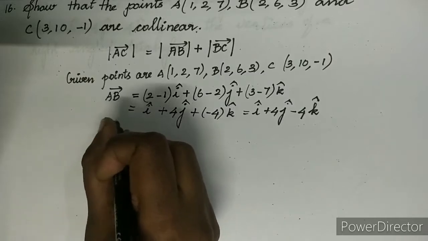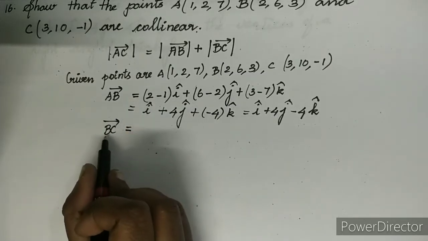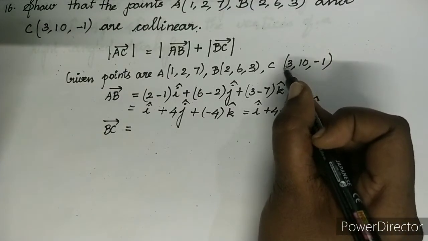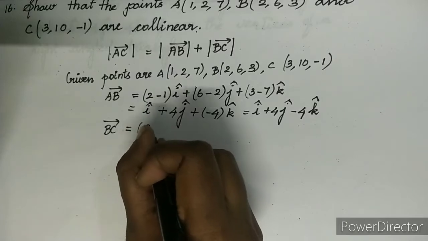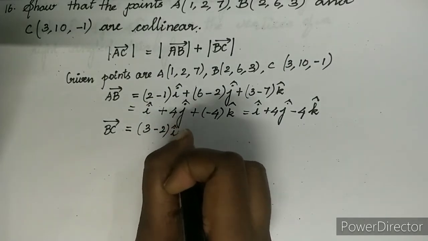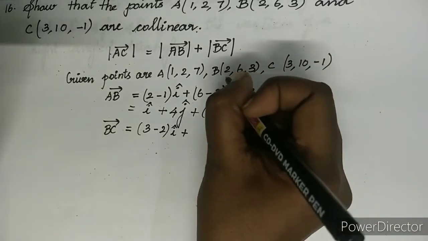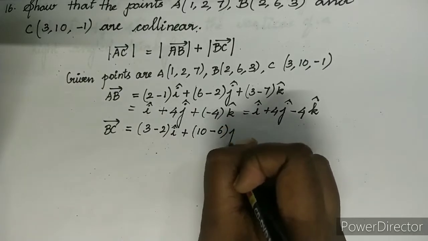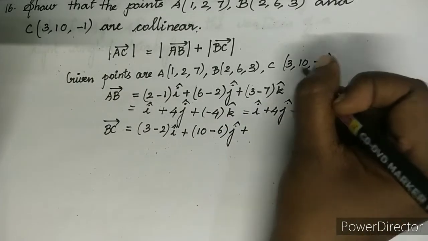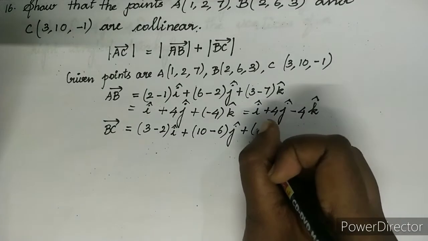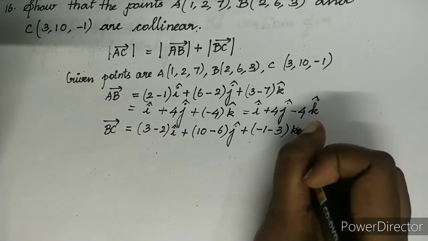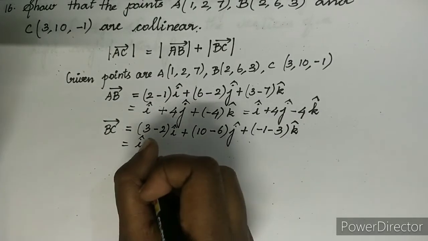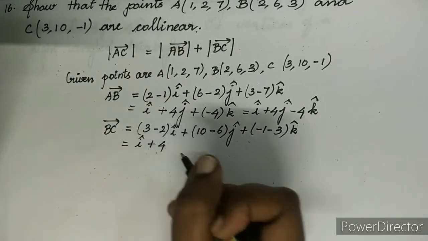BC vector is equal to, here the initial point is B and terminal point is C. So 3 minus 2 i cap plus 10 minus 6 j cap plus minus 1 minus 3 k cap. 3 minus 2 is 1 i cap. 10 minus 6 is 4, plus 4 j cap.